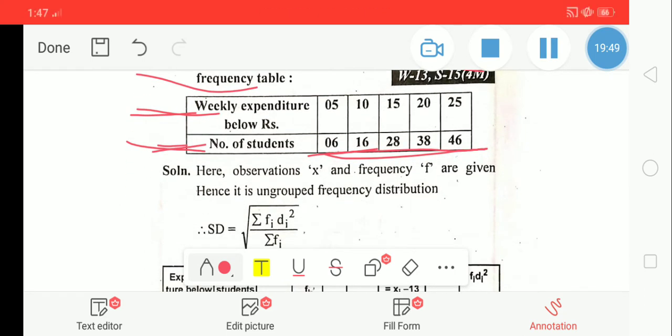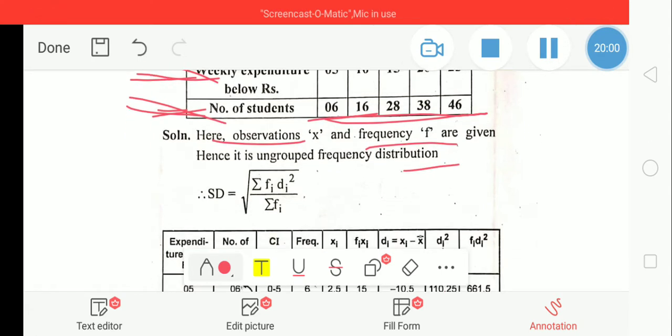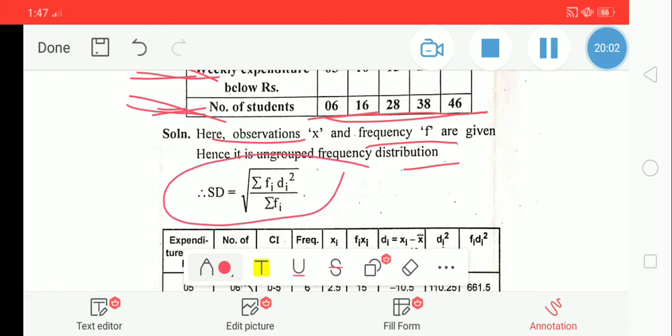Here observation x and frequency f are given, means these and these, hence it is an ungrouped frequency distribution. Now using ungrouped frequency distribution, the formula is standard deviation is equal to under root summation fi di square divided by summation of fi.